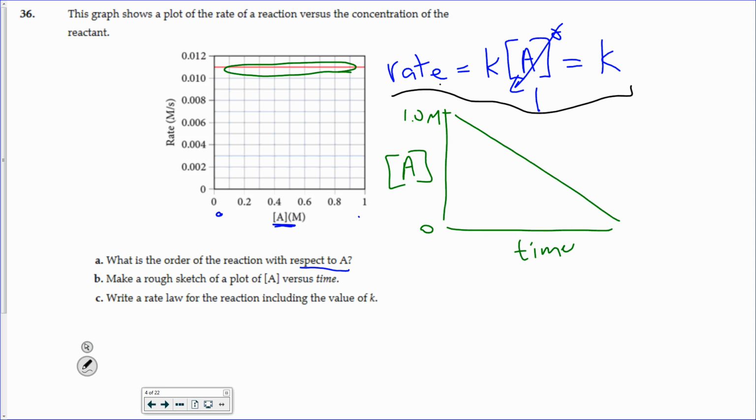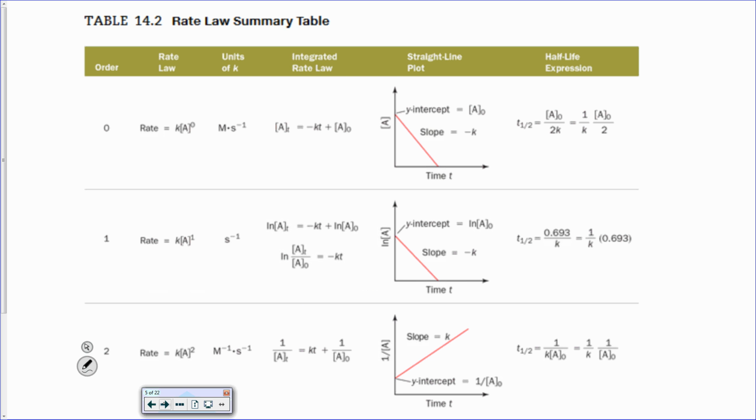But we can look at the graph and see that the rate on the graph is going to be our value for K. So it's just reading the value from the graph: 0.011 molar per second. All right, so any question on that one? Okay. So that's gathering information from a graph.